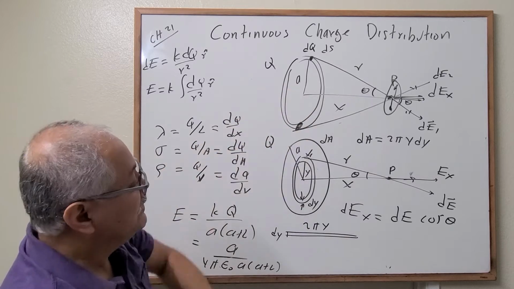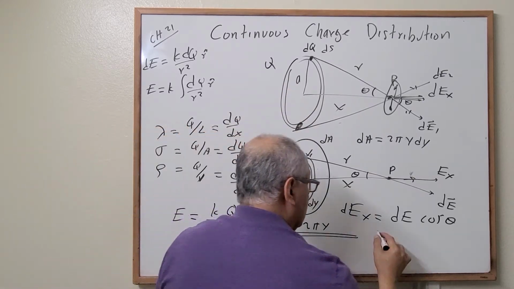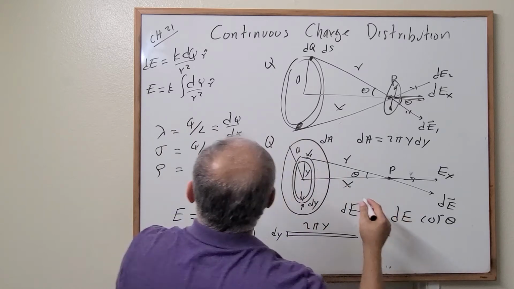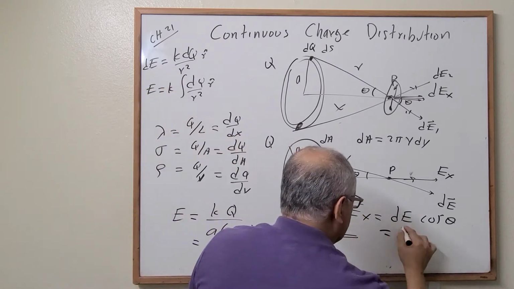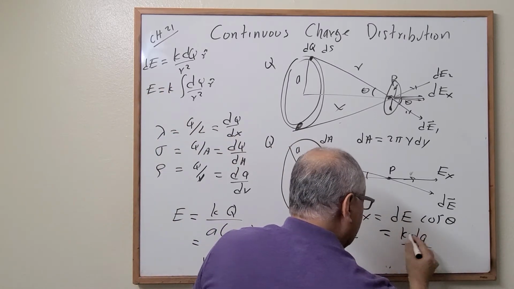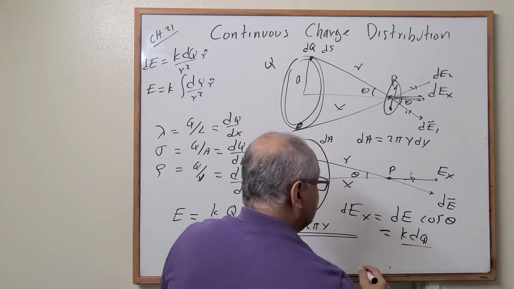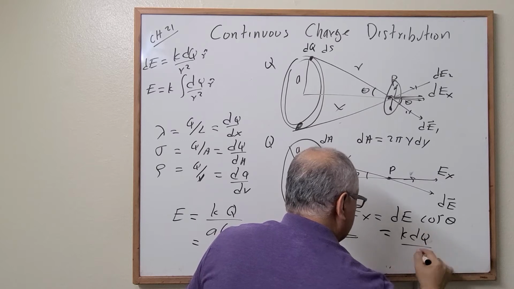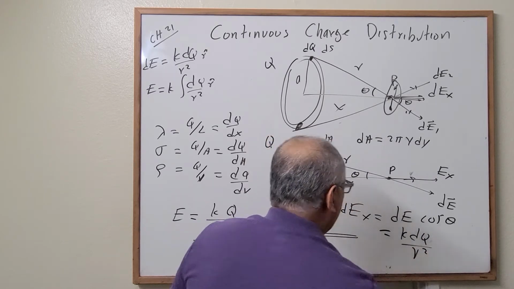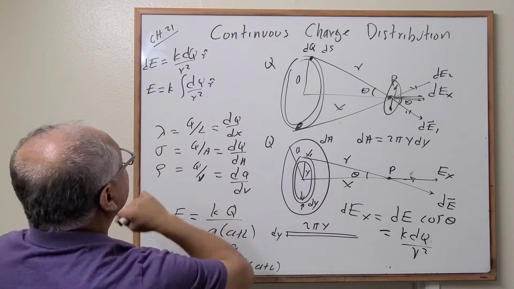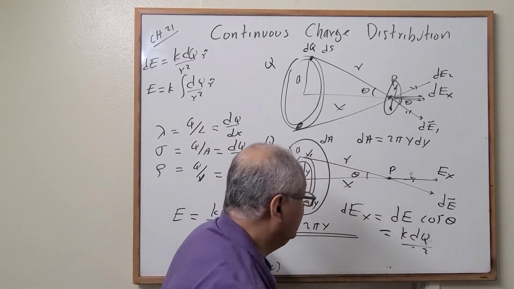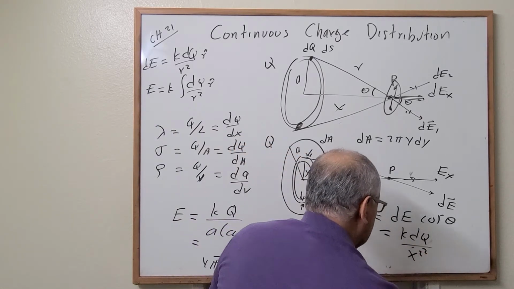Very similar to the ring. The difference is that now this is a surface. In this case, let's go back again to these equations: k dq divided by r squared. In this case, r is x, the x direction, x squared.